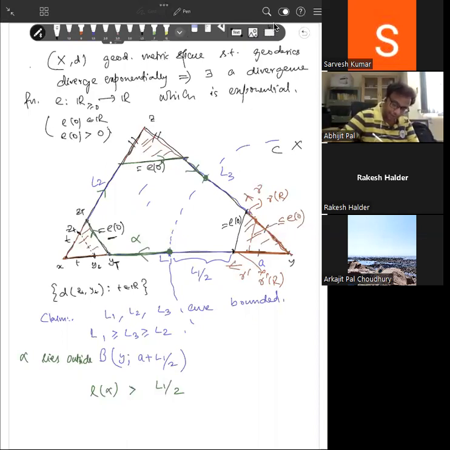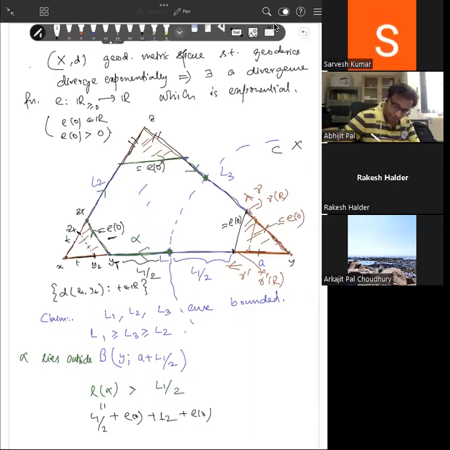And what is this length of alpha? First this length, L1 by 2, plus E naught, plus L2, plus E naught.